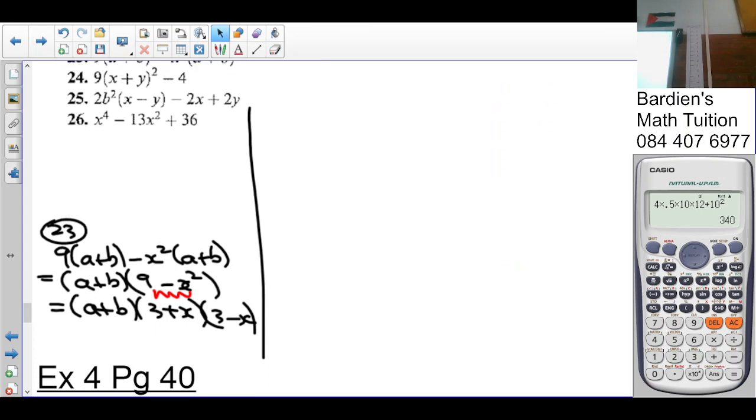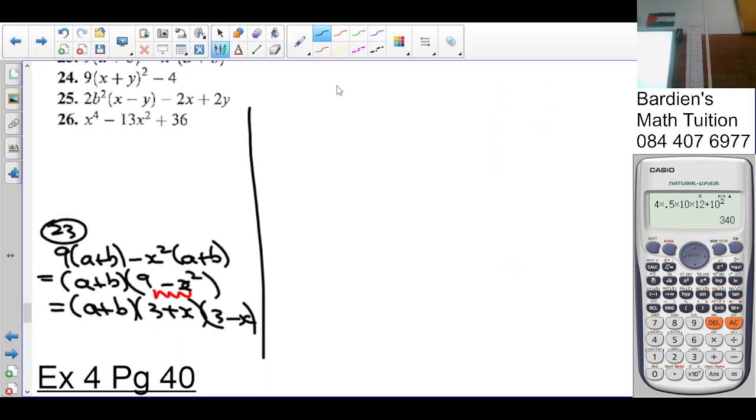Number 24. You got 9 into x plus y whole squared minus 4. What type of factorization here? Difference of two squares, yes. So what do we have?